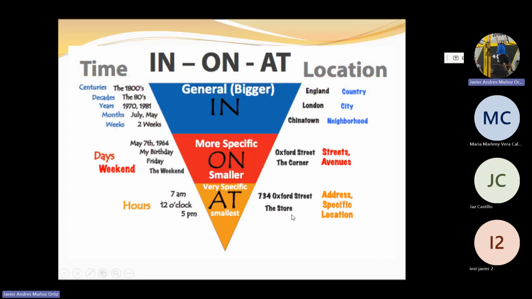Or specifically at the entrance of the supermarket of my neighborhood. There is only one favorite supermarket in your neighborhood, so you're going to be there, right? This is very specific. And in terms of time, exactly at 11 a.m. So this is the time we start our classes on Saturdays, for example, right?